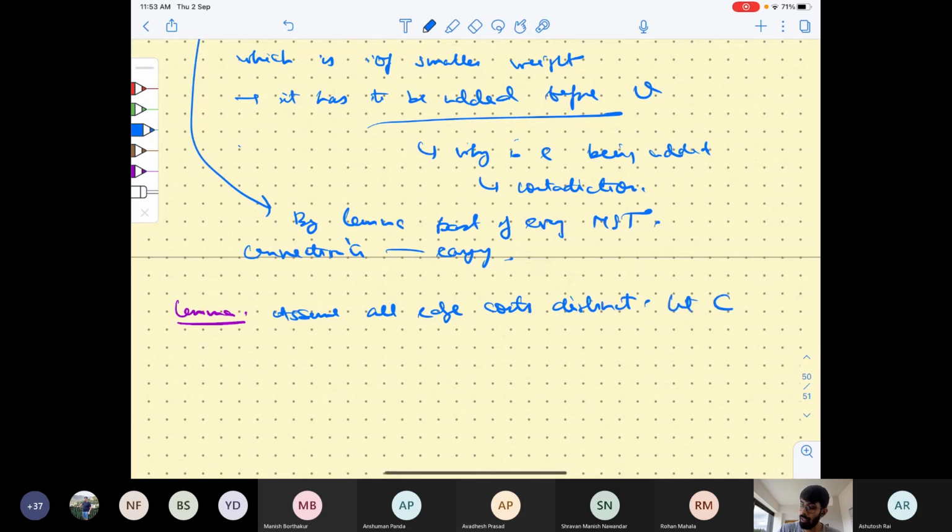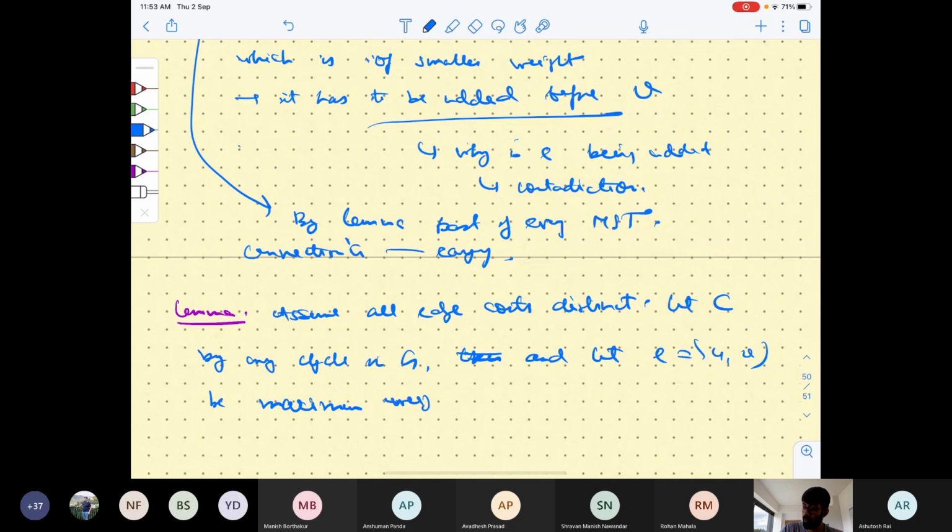Let C be any cycle, and let E equal to UV be the maximum weight edge of C. Then E is not part of any minimum spanning tree.